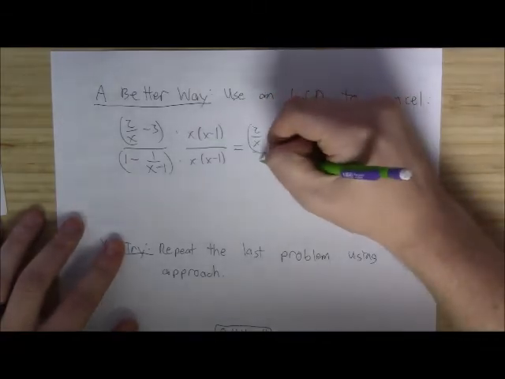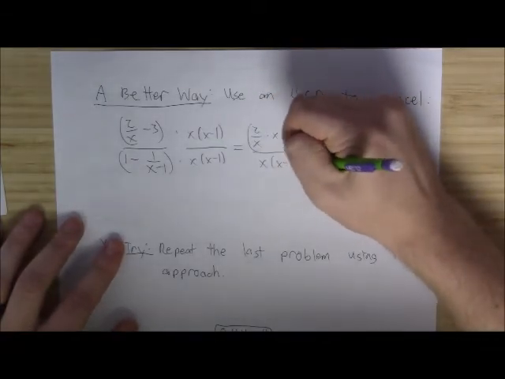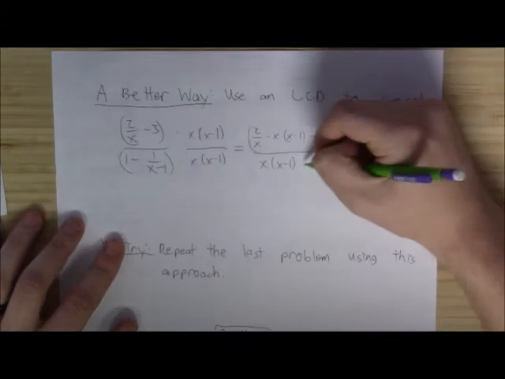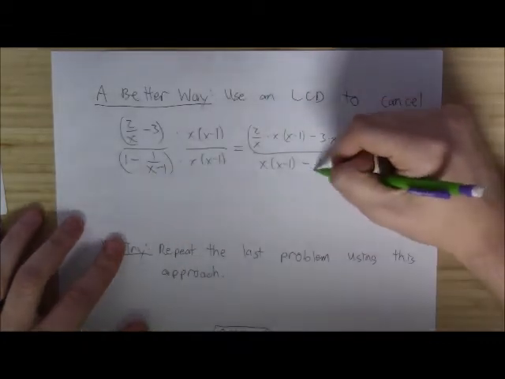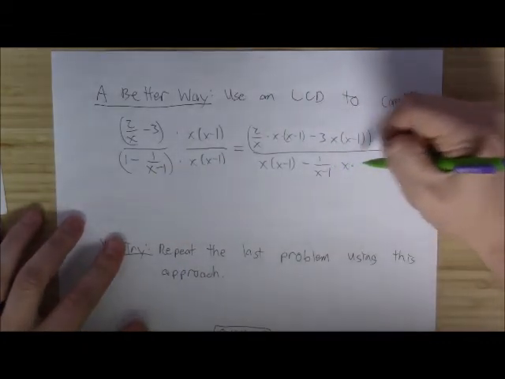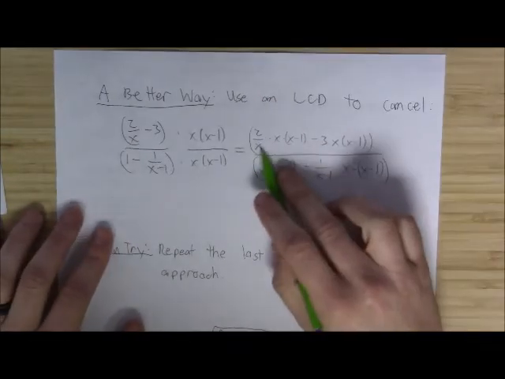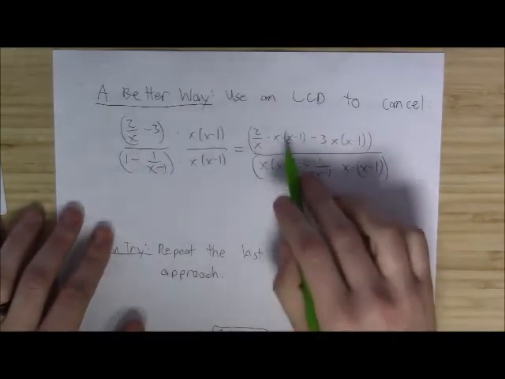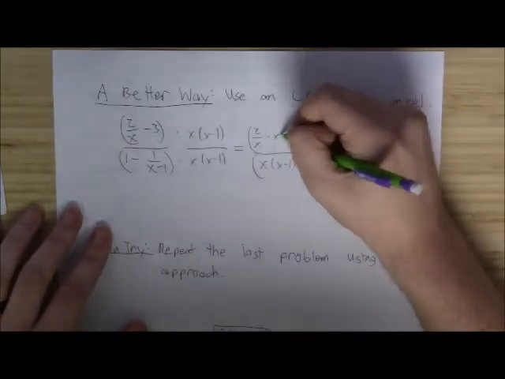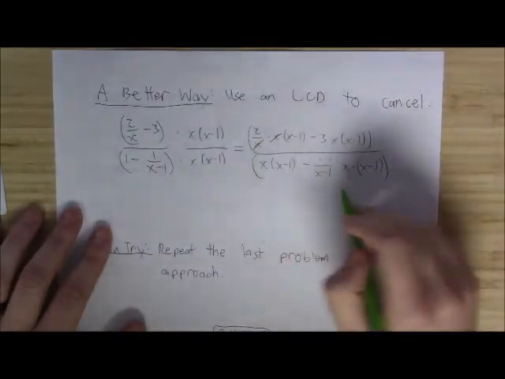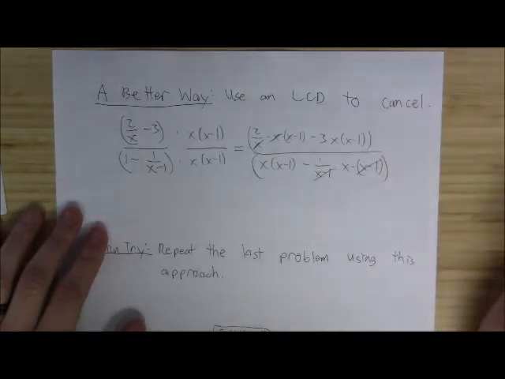All over x times x minus 1, because of the 1 there, minus 1 over x minus 1 times x minus 1. And what this will allow you to do is then cancel any denominators in both the numerator and in the denominator. So the x and the x will cancel there, and here the x minus 1, the x minus 1 will cancel.